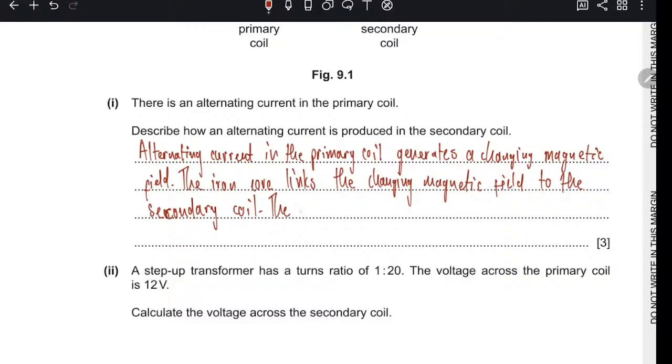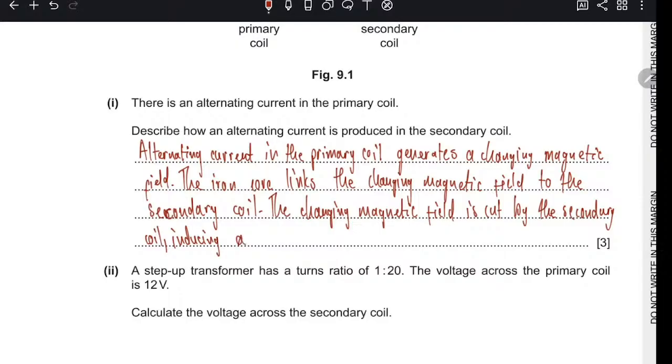The changing magnetic field is cut by the secondary coil, inducing an EMF into the secondary coil, which produces AC current. You're done.